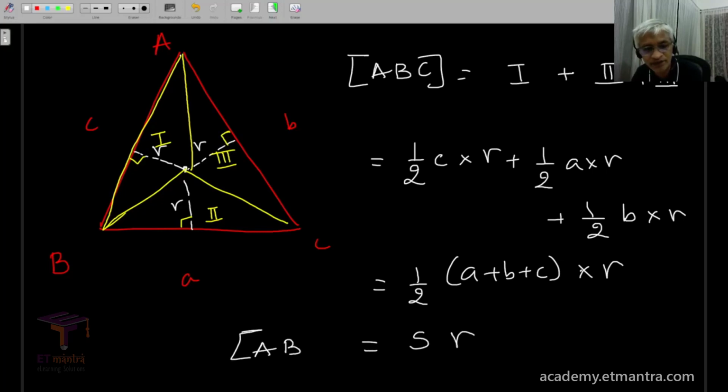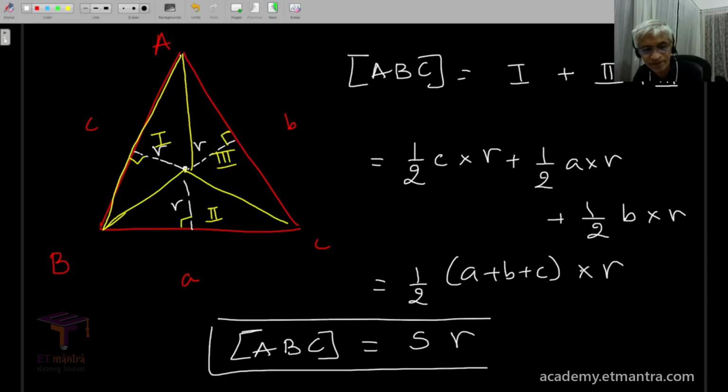So the area is simply s into r, and we have again derived the formula rather easily. Just to repeat, s is the semi-perimeter, half of a plus b plus c.